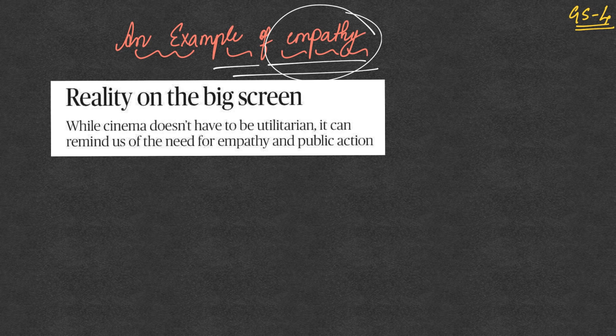So the example of empathy mentioned in this article is that the people near the crash site, in what is called the Malapuram district, when they heard this very huge sound and noise, thought there was some accident, and came out in large numbers to participate in the rescue operations.